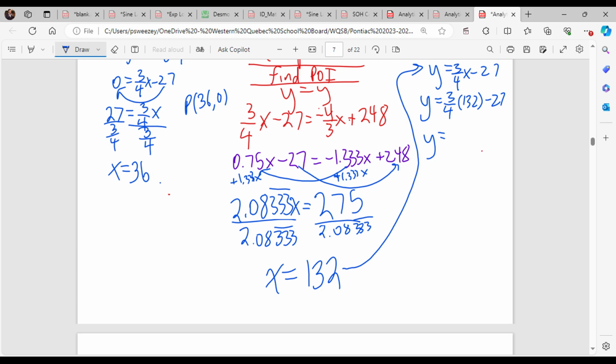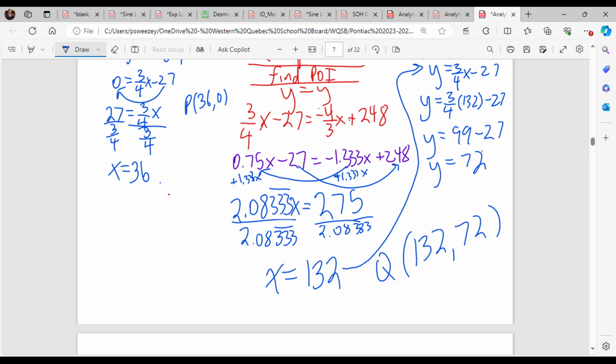Now, before you ask, Alex, could you have plugged it into the negative 4/3 x plus 248? Yep. It's going to give you the same answer. Do I need to do it twice? Nope. Once I get to here, y is equal to 72, I'm good. And then 132 and 72.